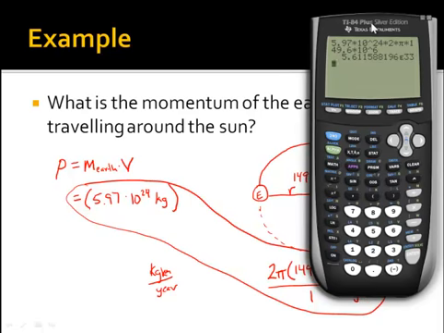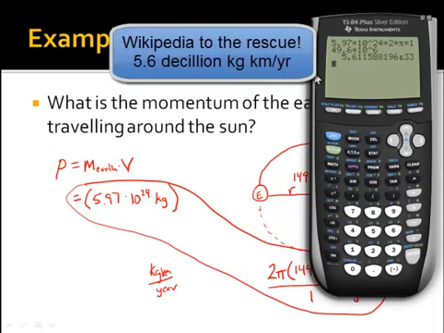And that number is so big, I again don't know how to express it without using scientific notation. Let's say 5.6 times 10 to the 33rd.